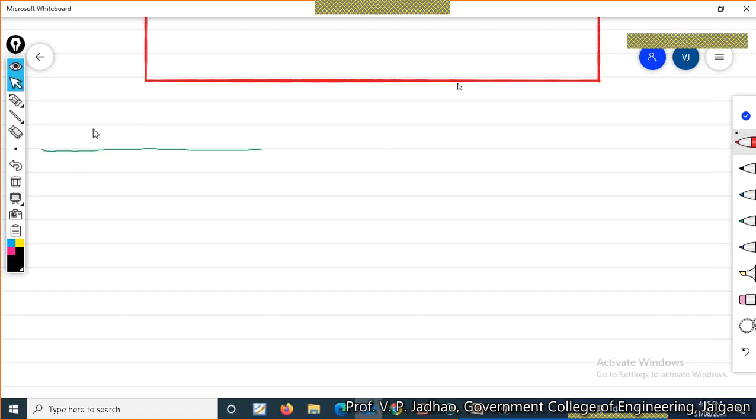This is your footing. Some load will be here from these two columns. This footing is subjected to a uniformly distributed load, which we have just calculated. The value is 640 kilonewton per meter. And now we have to calculate the shear force and bending moment.